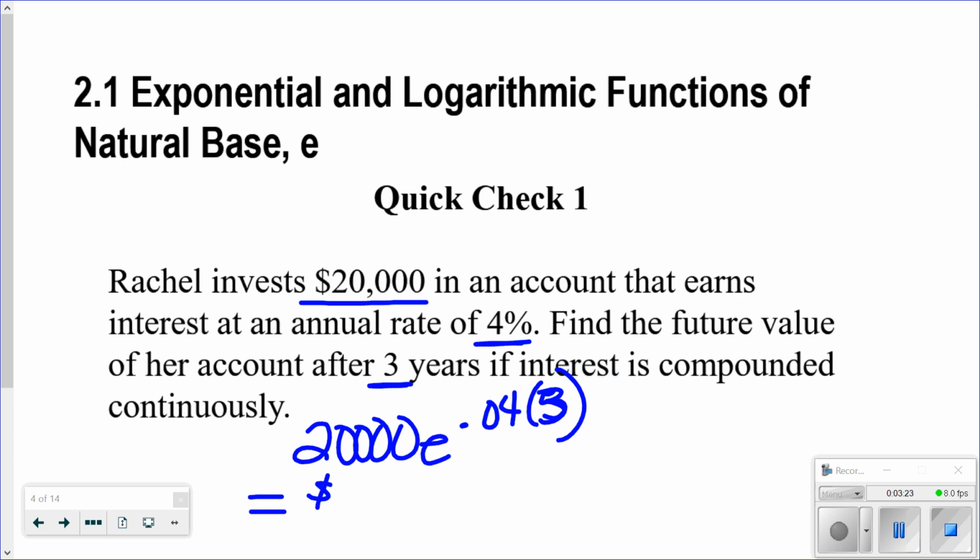And we should have gotten $22,549.94. Remember to round appropriately.